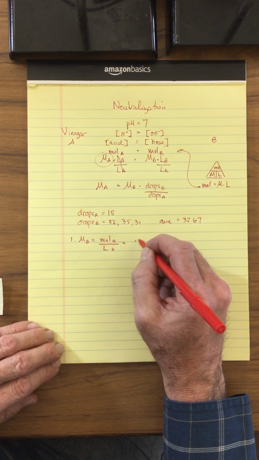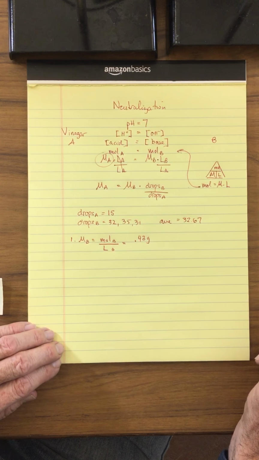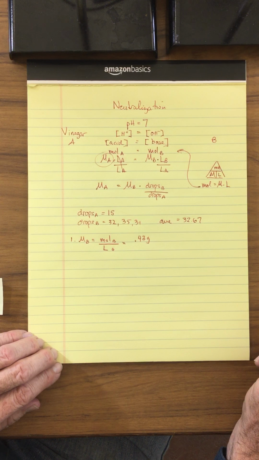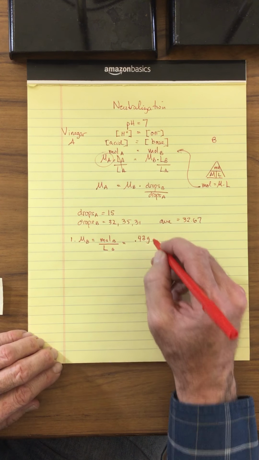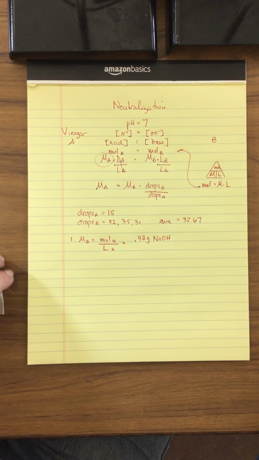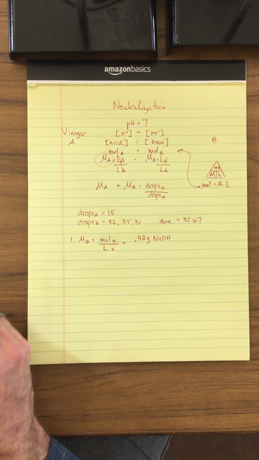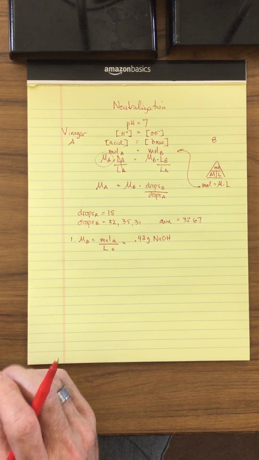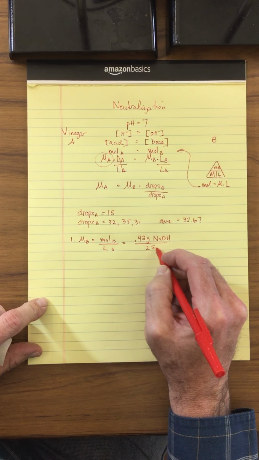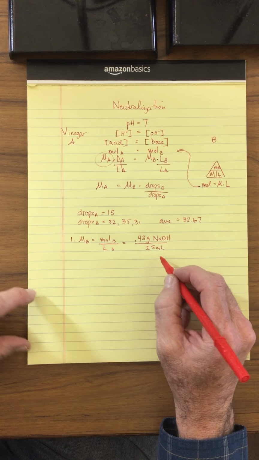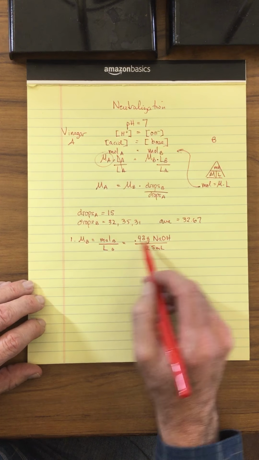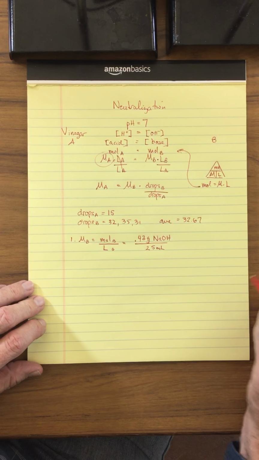So we had 0.43 grams of base, sodium hydroxide, NaOH. This is what I weighed into the 25 milliliters of water. So this is divided by 25 milliliters. Now, I need to get my grams into moles, and I need to get my milliliters into liters.